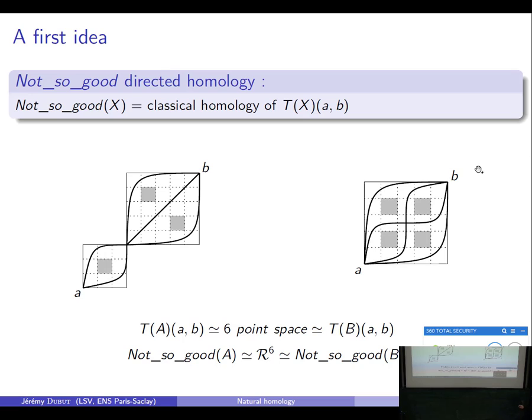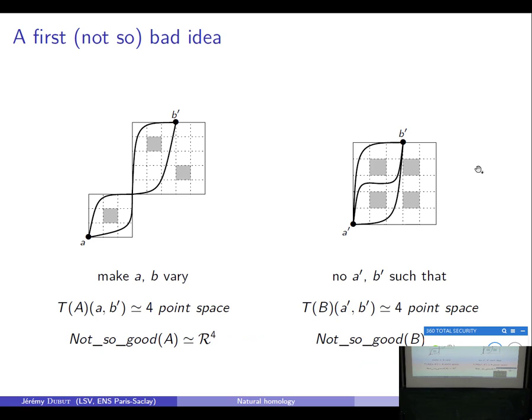Because if you look at the trace space between the endpoints here, those trace spaces are equivalent to a 6-point space, so you will not be able to distinguish this space using this. But if you look at all the possible trace spaces between all pairs of points, you will be able to distinguish those two, because if you look at the trace space between those 2 points, you have a space which is equivalent to a 4-point space. And you can check that in this space, there is no pair of points between which the trace space has this homotopy type. So that's the basic idea.